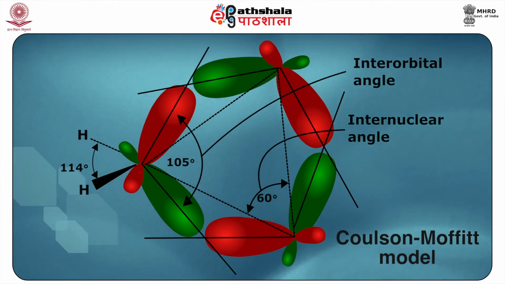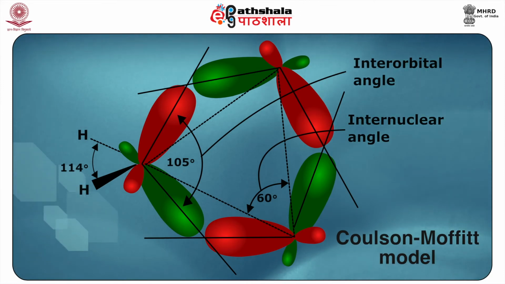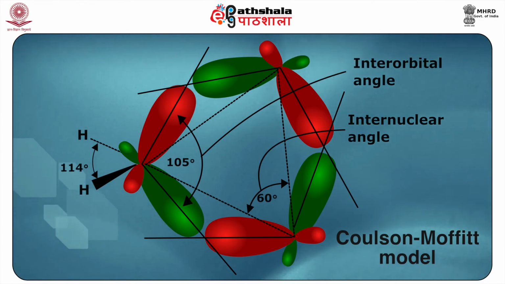Thus, the CC bonds have more p character than normal, while the CH bonds have more s character, and thus it can be seen that ring strain substantially weakens the CC bonds of the cyclopropane ring, and hence we can say cyclopropane is much more reactive than alkanes or other higher ring systems.